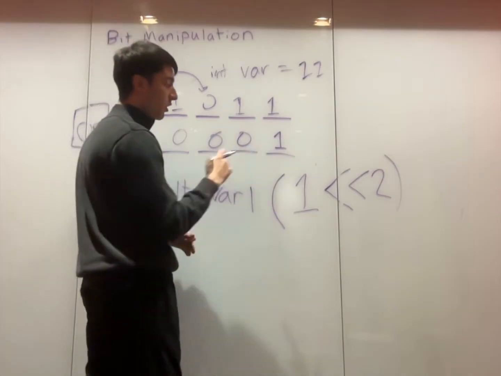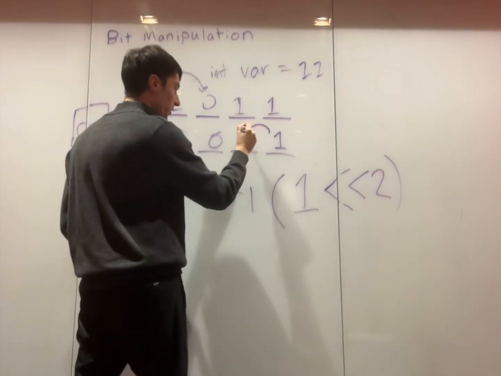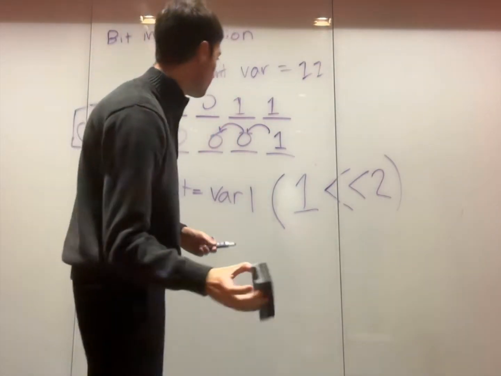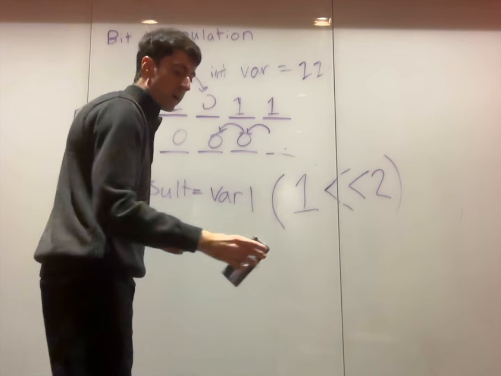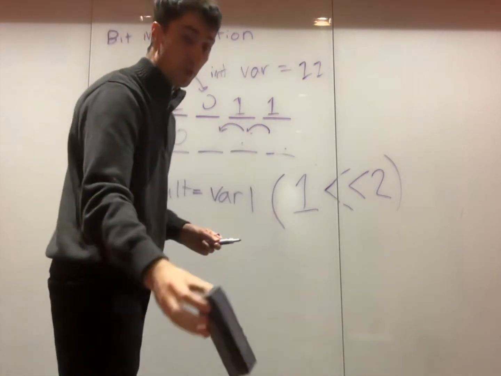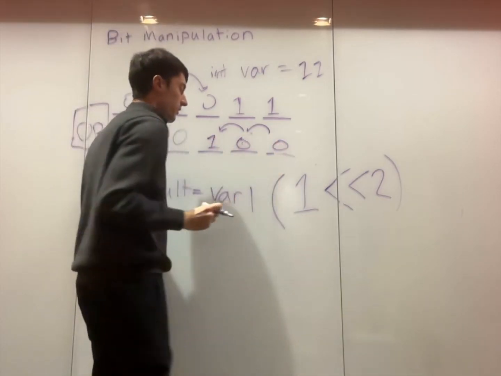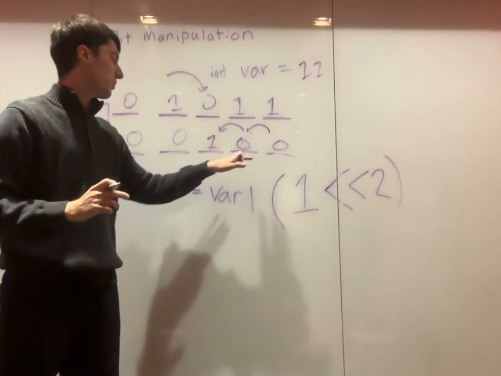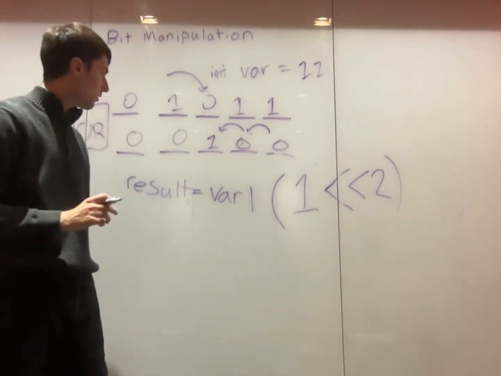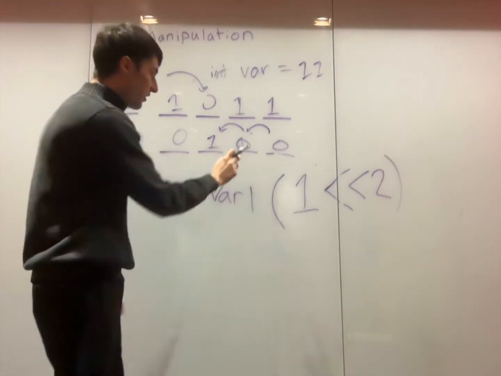So we're bitwise shifting. This 1 now shifts to this place and then this place. It shifts over 2. And we said that we pad the new places with zeros. Well, that's exactly what we wanted. So that's how you actually create the number.